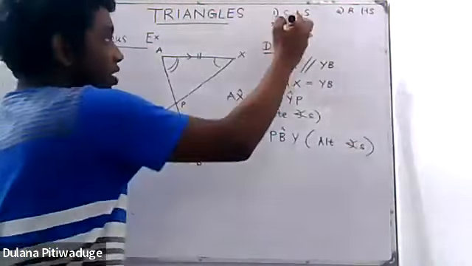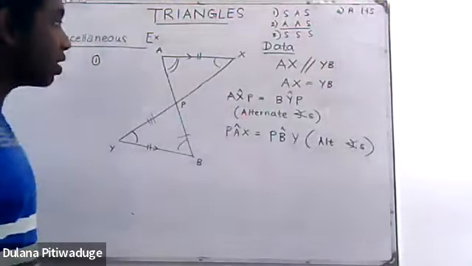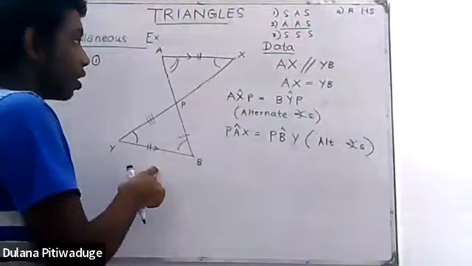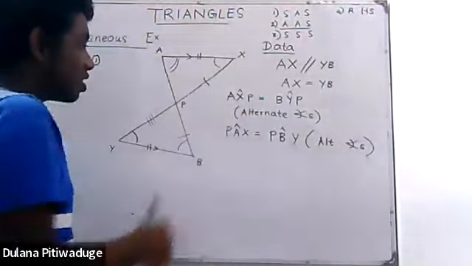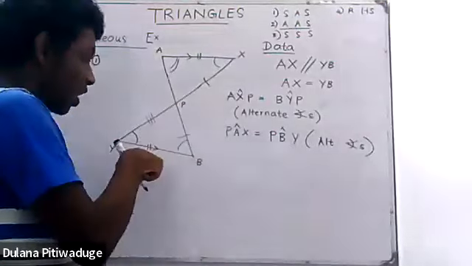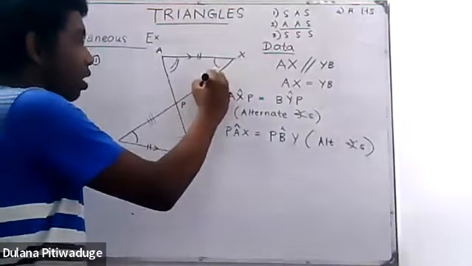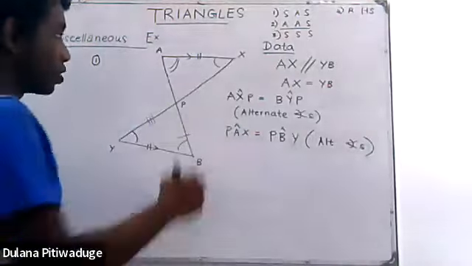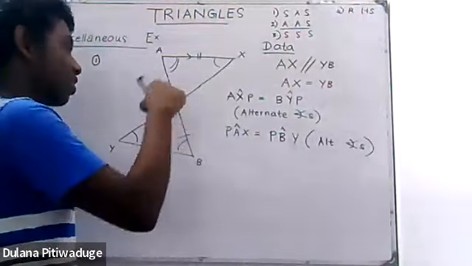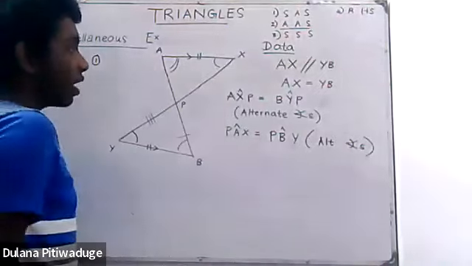Here we can use AAS, two angles and a corresponding side. Now, if these two angles and this side are equal, you can't use this case unless the corresponding side is the side in front of the specific angle.